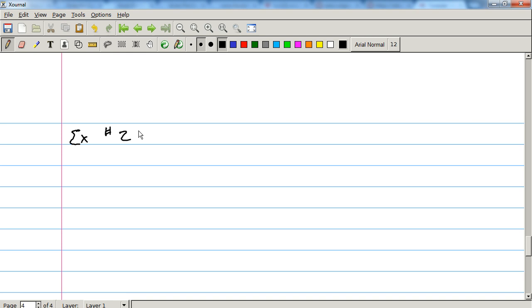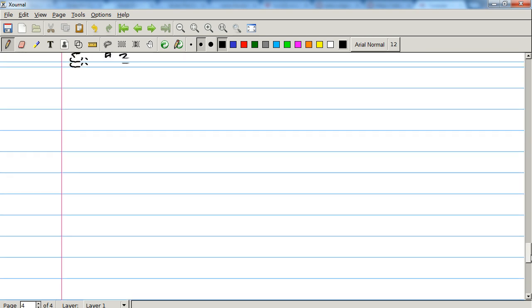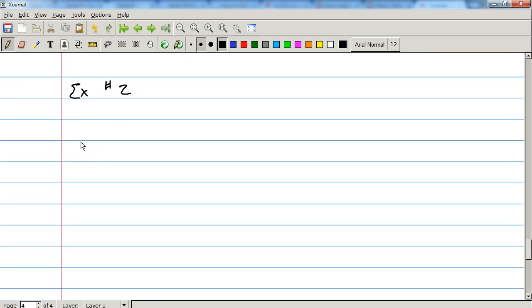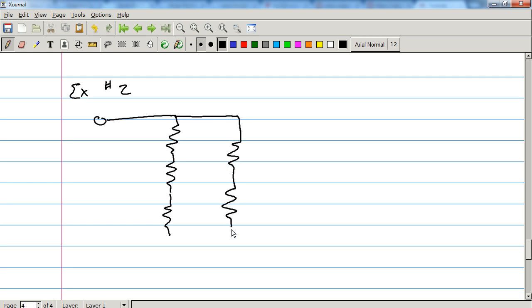Thought I had another example. Doesn't look like it. Okay, so this will be the last example. So this one's going to take a little more effort to solve because it's going to be a little more complex. So you've got a resistor, another resistor, and then another resistor. Then 2 resistors here.